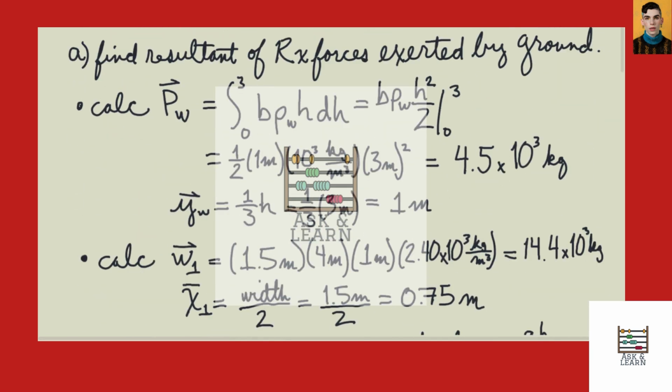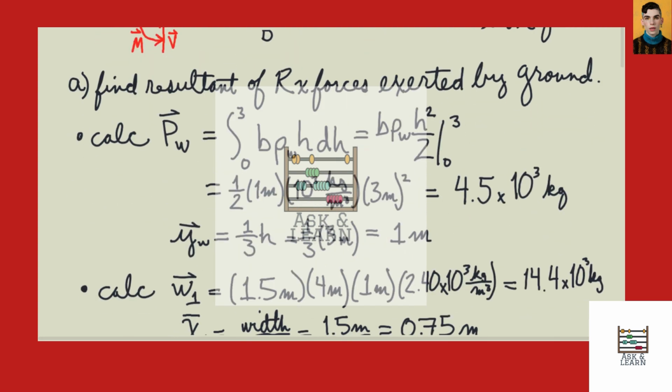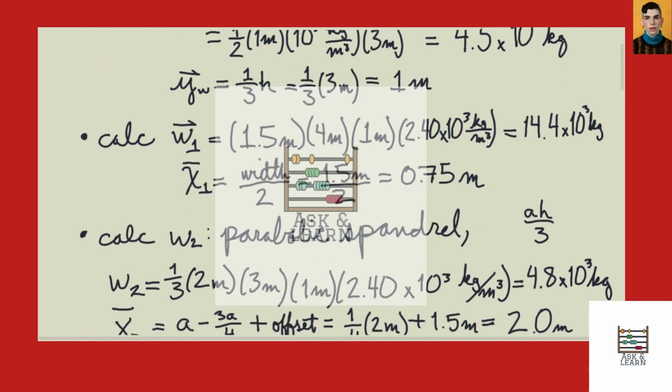So our location of the force vector at the centroid will be 1/3 the height of the water. Water height is 3 meters, and that leaves us with the centroid of the lateral force located at 1 meter from the ground of the dam.